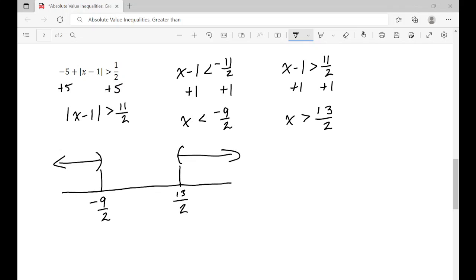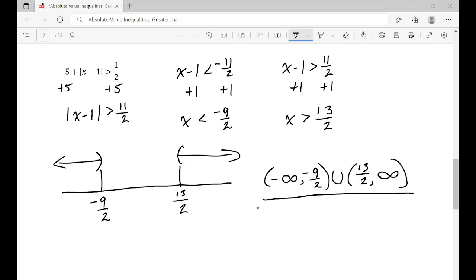And finally, our interval notation for this, since it goes off to the left forever, is negative infinity up to negative 9 halves with a parenthesis, union, and a parenthesis for 13 halves off to infinity on the right side. And this is our answer for this inequality.